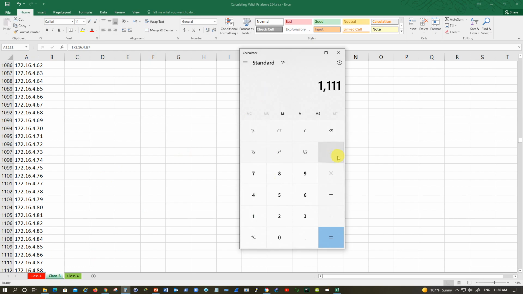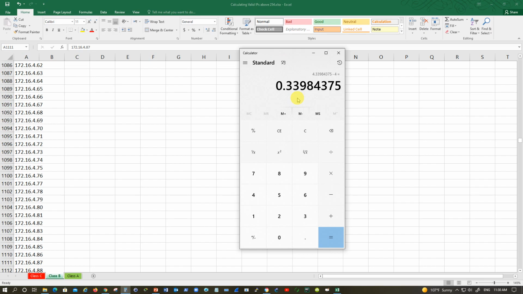Let's verify using the calculator how you can figure this out. 4 ones should be divided by 256, because the total size of one octet is 0 to 255, which equals 256. You get this value. 4 is for your third octet. You got 4 here. Now I'll subtract this 4, 4 minus 4, whatever number you have there, just subtract it.